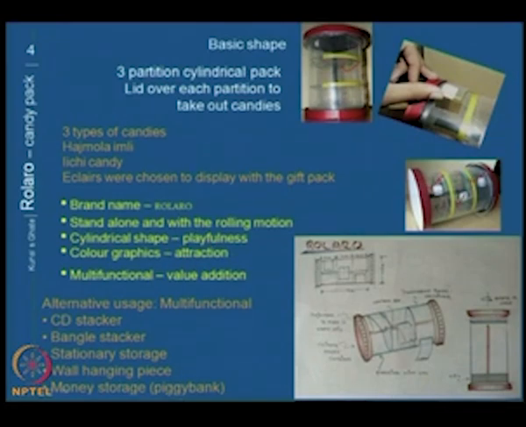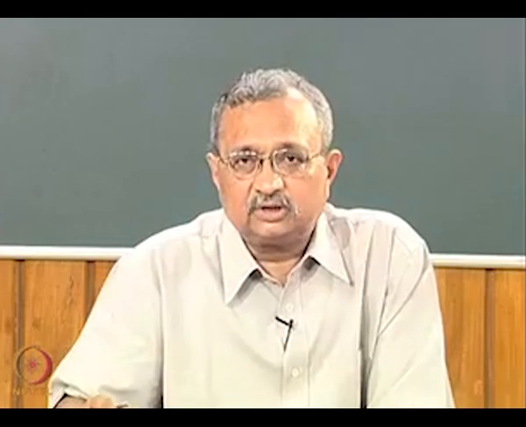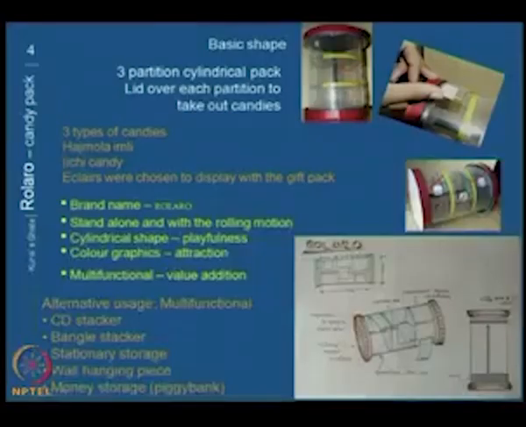One chamber each may have the same type of candies and you can open it and take it. Here we are not thinking of a specific unit of 3 small units. As per their need they can take it and when it becomes less, it can be refilled.